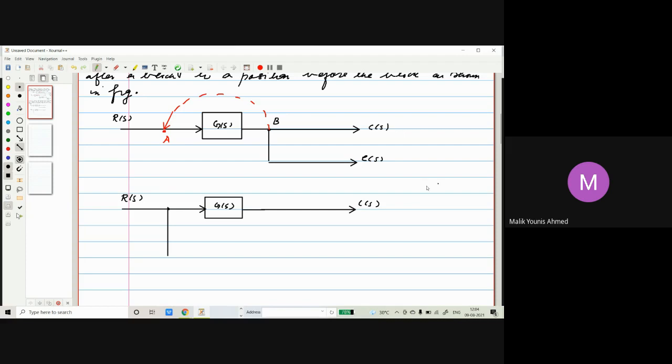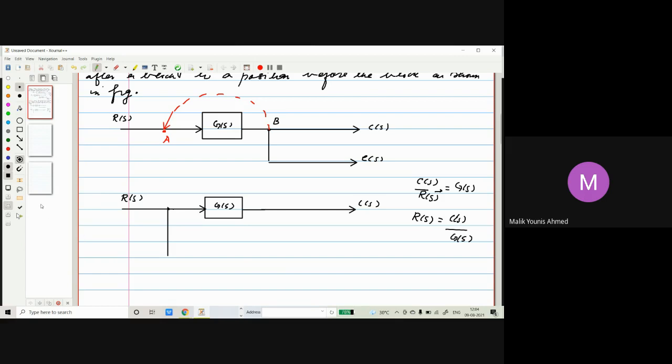We know output by input is the transfer function, G(s). We need to get the value of this R(s). R(s) will be the output C(s) divided by G(s). So I can write R(s) as C(s) divided by G(s). I will write this value here.